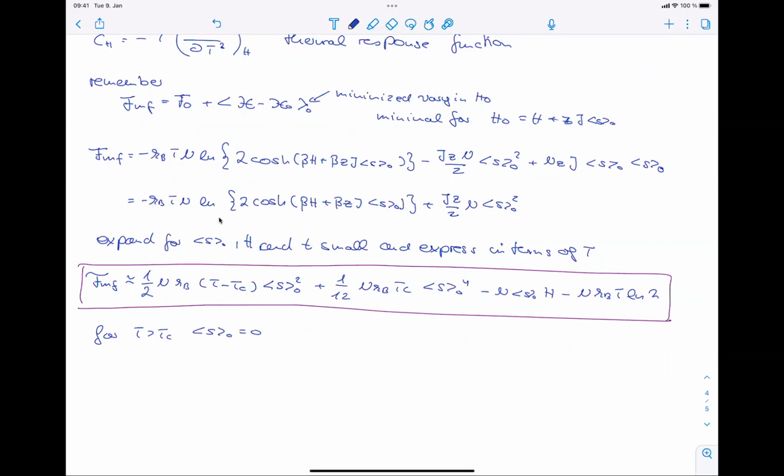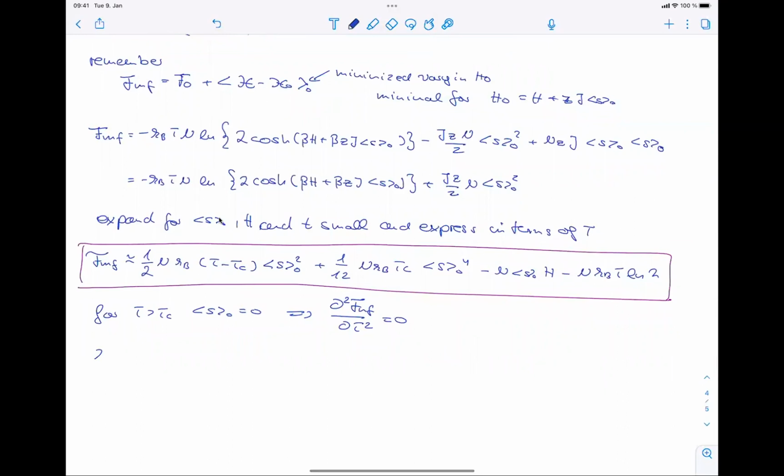And so that means that this term doesn't exist, this term doesn't exist, this one doesn't exist. So actually the free energy is just a constant, just linear in temperature. And so if I take the derivative twice with respect to the temperature, this vanishes. So we find then that the second derivative is equal to 0.